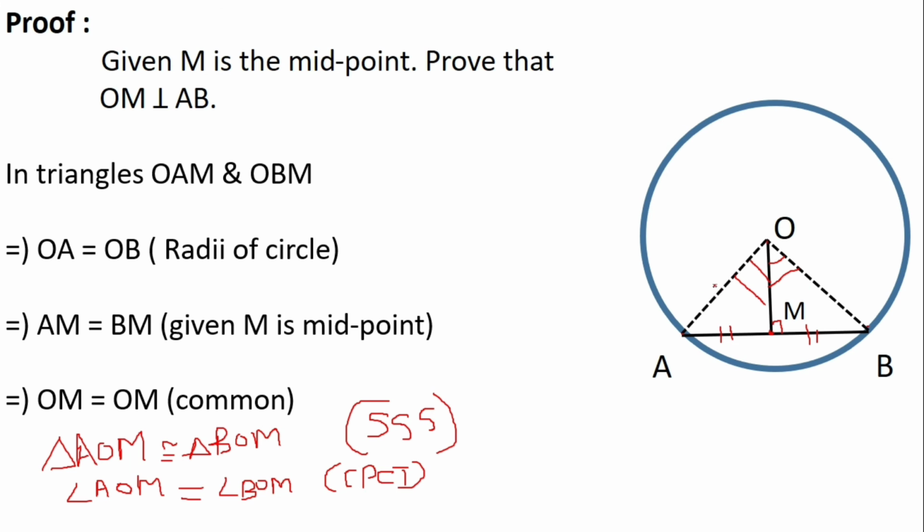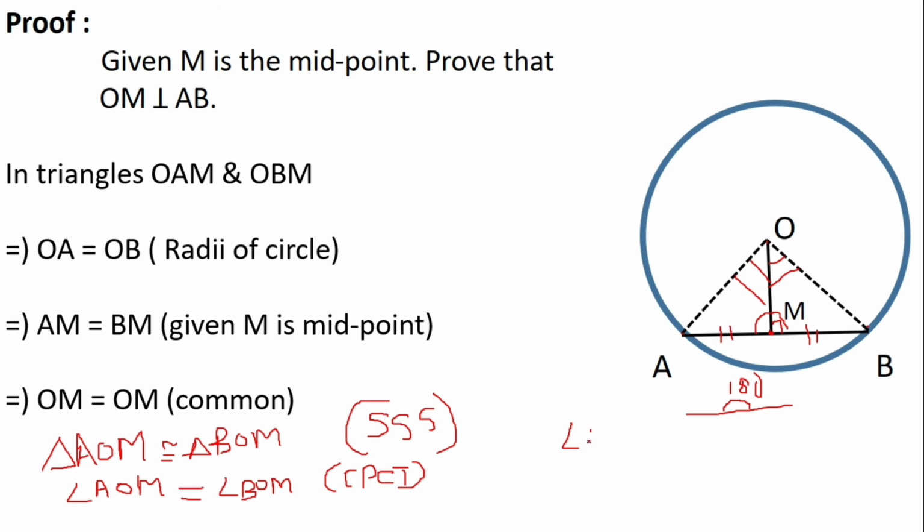So if you see, a straight line subtends an angle of 180 degrees. So this complete angle will be 180 degrees.